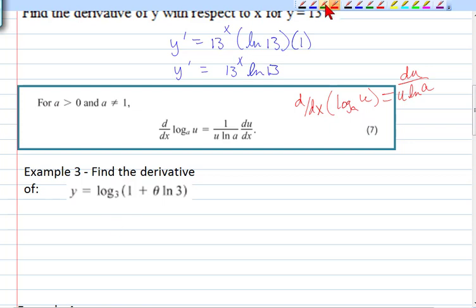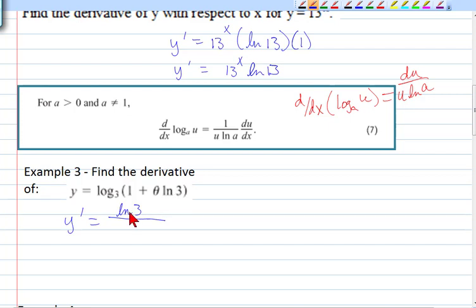So we want to find the derivative here of a log base 3. The derivative is going to be the derivative of the argument. What's the derivative of this argument? Derivative of 1 is 0. The derivative of theta ln 3 is ln 3, because that's a constant times your variable. Your variable here is theta.